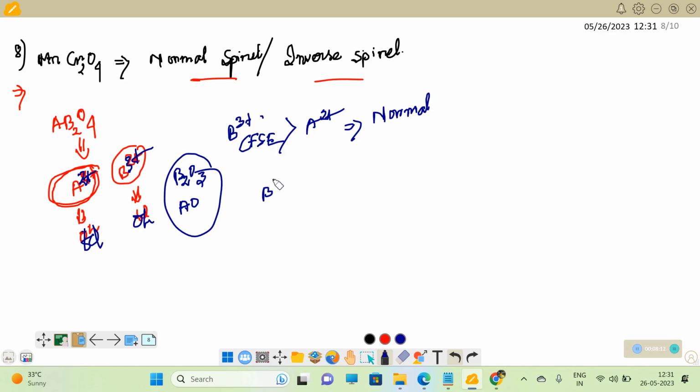And if the reverse happens, which means B3+ CFSE is less than A2+ CFSE, then it will be inverse.